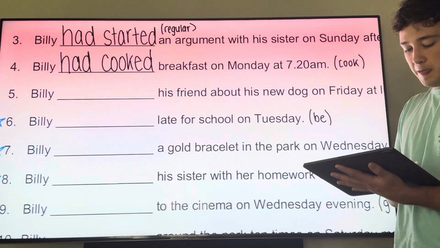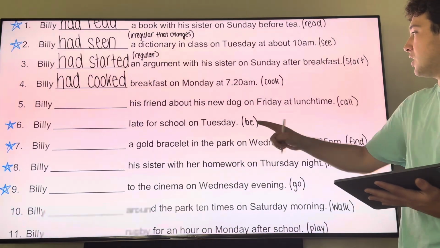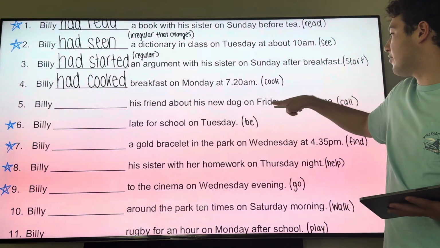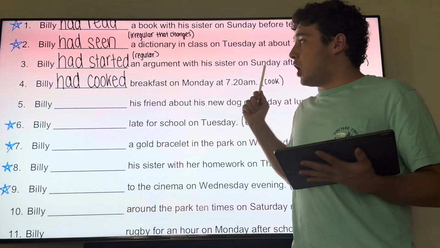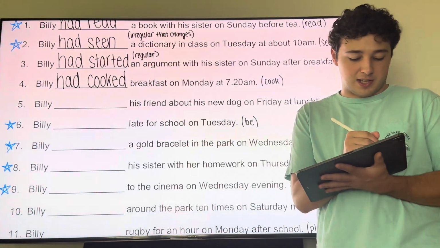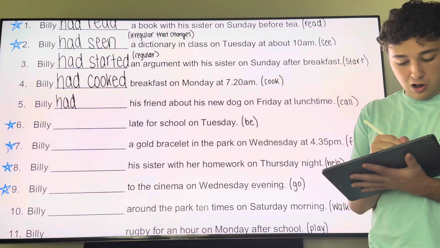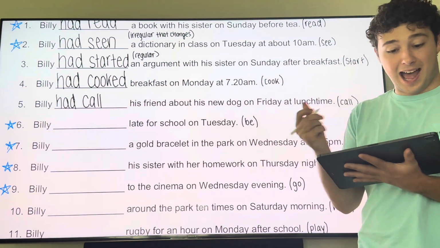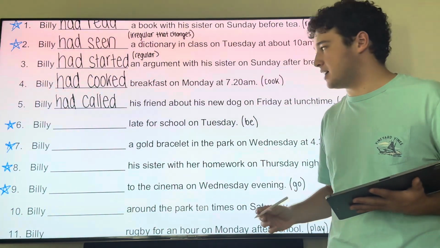Now, number 5. Billy blank his friend about his new dog on Friday at lunchtime. Now, this one is also a regular. There's no star over here, so you know it's regular. And just like above, it would be had, take the verb call, and then add ed. Okay, number 6.